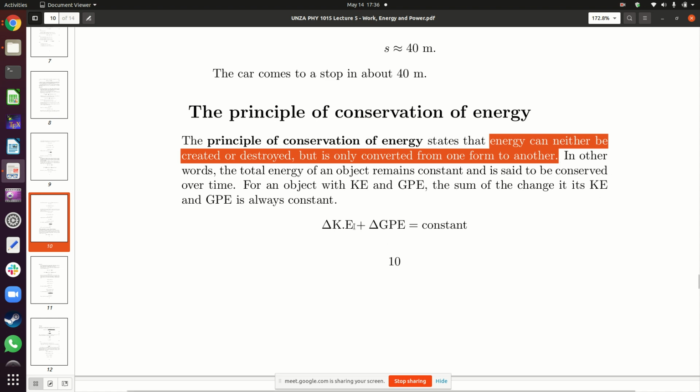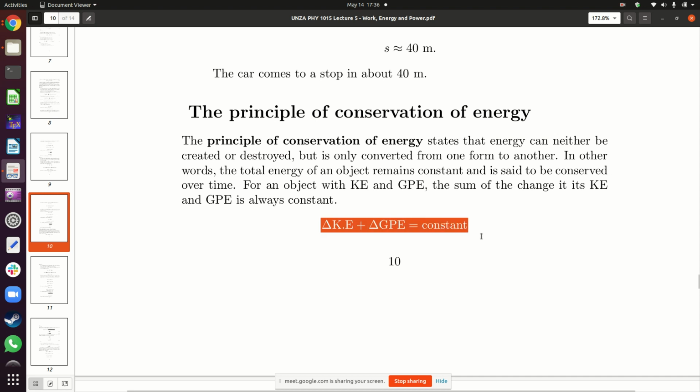This also works when the change in gravitational potential energy is equal to 0. If you're on a flat table, the change in gravitational potential energy is going to be equal to 0, so you're only going to remain with the change in kinetic energy. Now, when something slides on a table, clearly it is losing its kinetic energy.